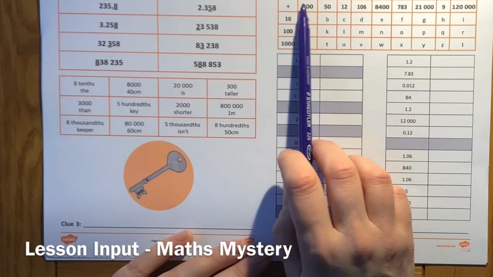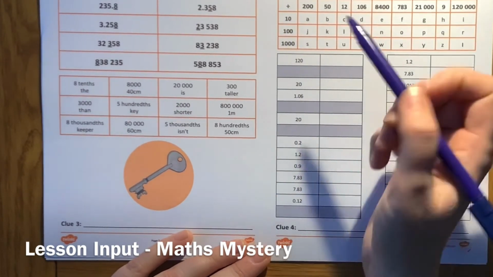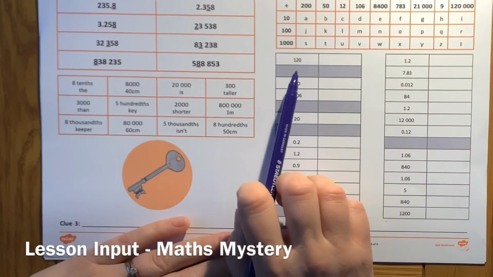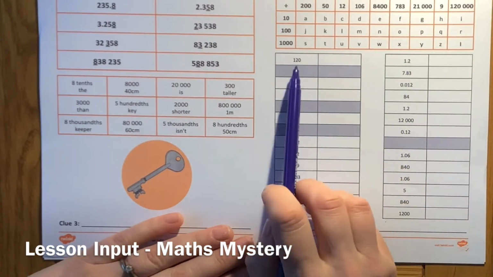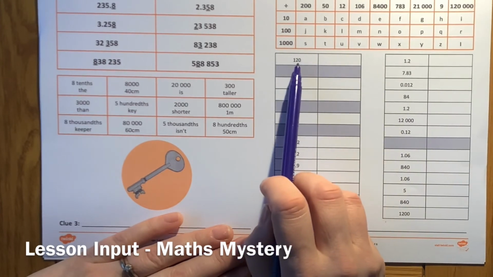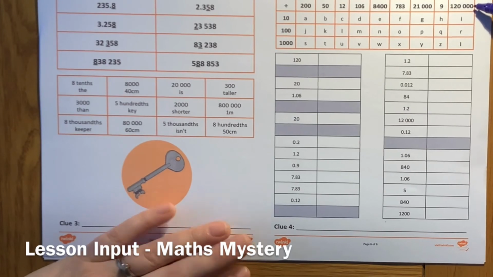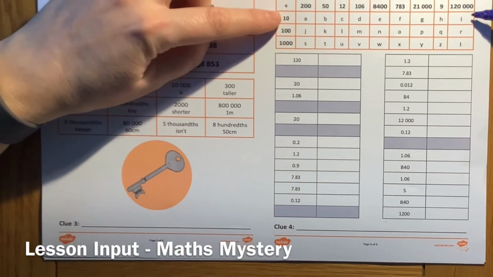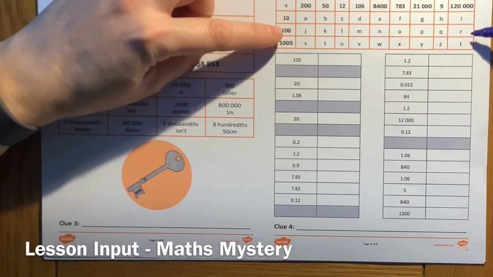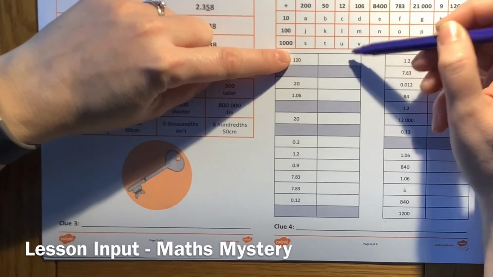You need to take the top number and divide it by the side number. For example, with 120, I'm looking for the digits 1 and 2 somewhere. Here they are, 120,000. Would I have to divide that by 10, 100 or 1,000 to get 120? Whichever one I think it is will give me a number.